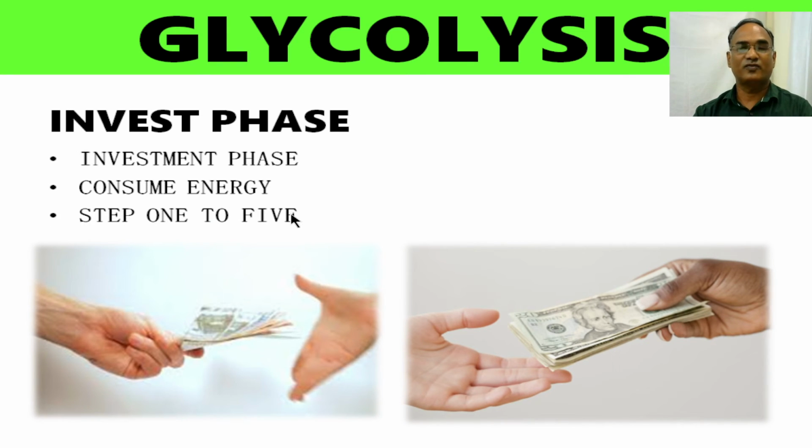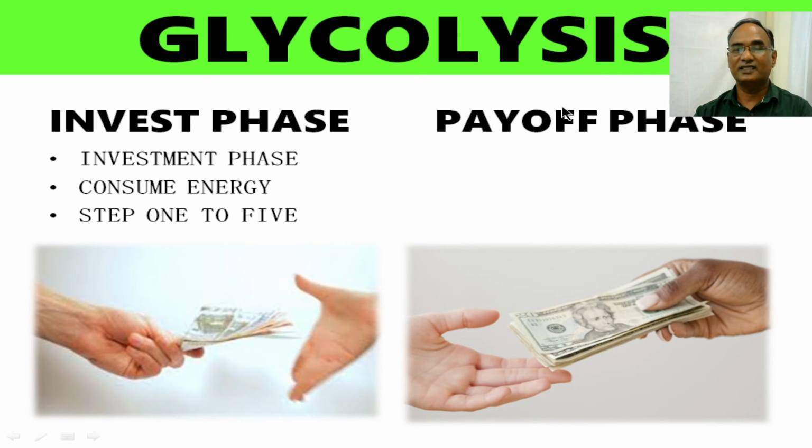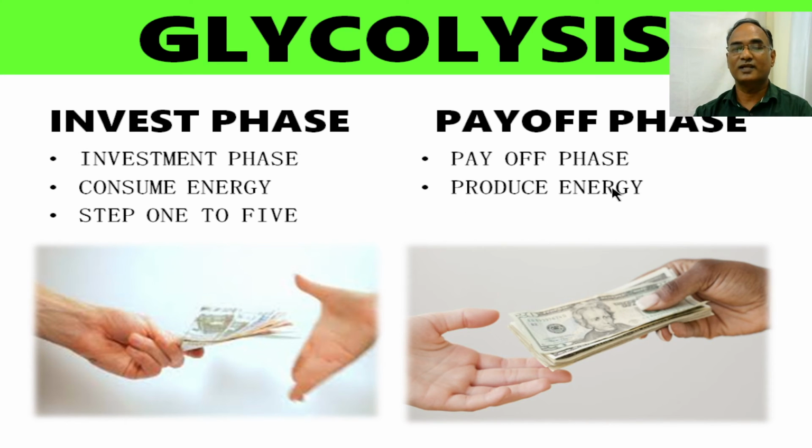So steps 1 to 5 come under the energy investment phase, and the second is the payoff phase. In this phase, phosphate is released from the triphosphate, so that energy will be liberated from glucose and can be utilized for your working muscle. This process runs from the 6th to the 10th step.